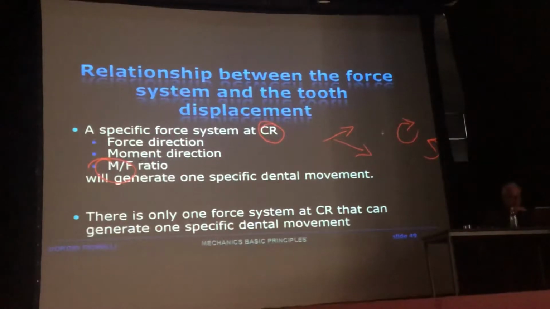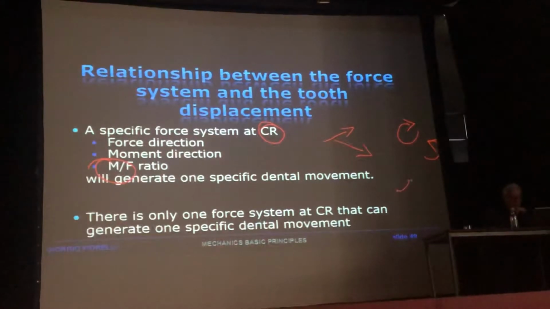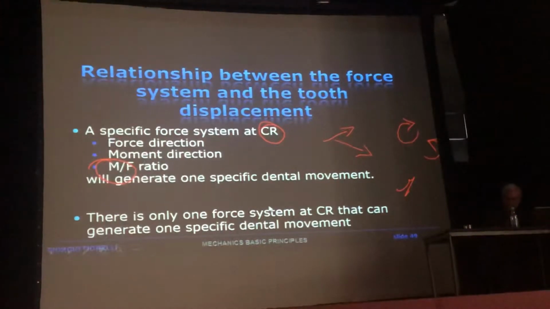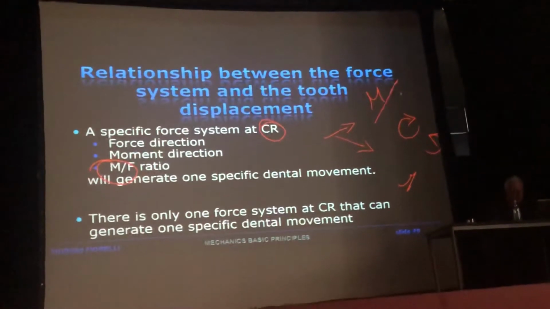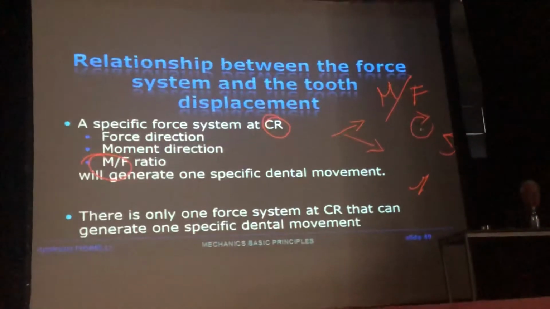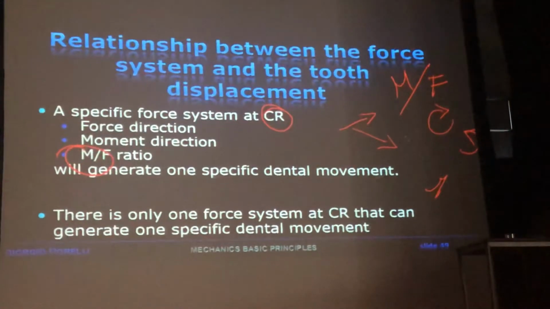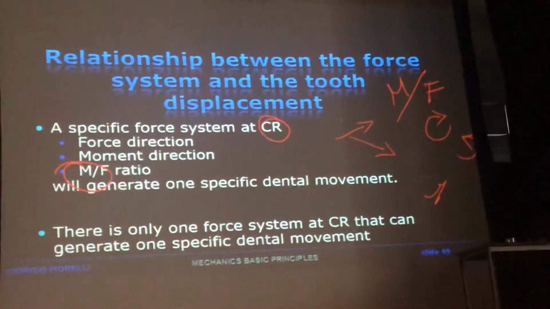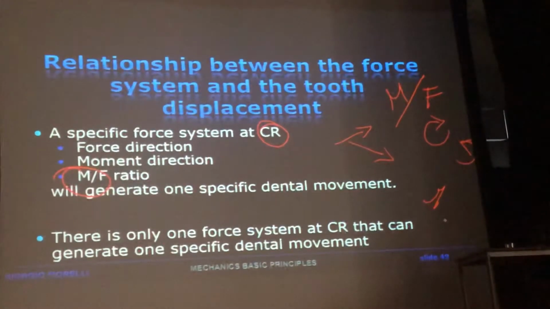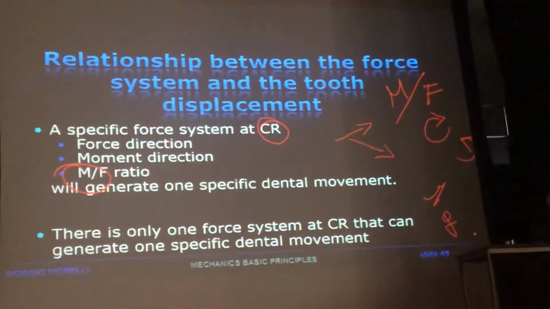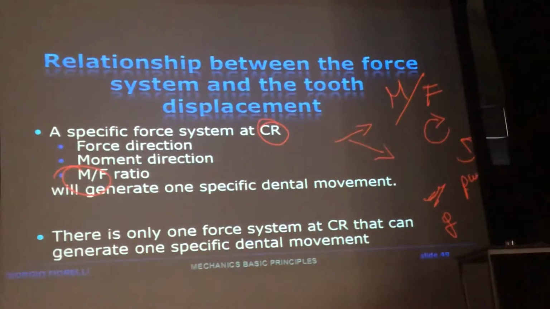Which is the ratio between the moment, sorry, I have to turn this, otherwise, between the moment here and the force. And the moment to force ratio is a distance actually, because in fact the force is expressed maybe in gram, and the moment is expressed in gram millimeters.